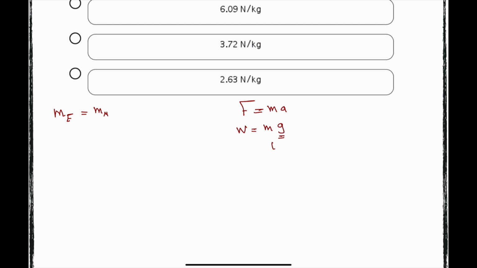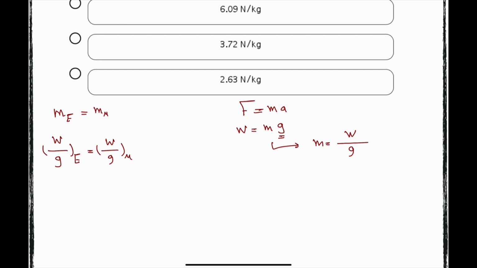So the mass is equal to the weight over g. So here the weight over g on Earth is equal to the weight over g on Mars.